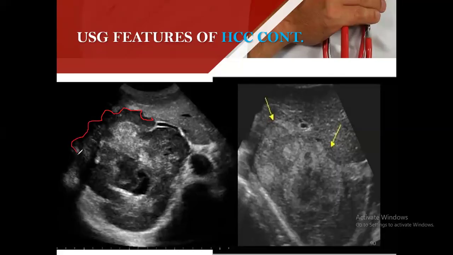And you can see there's hyper inside, anechoic here, hypoechoic, hyper, like that, mixed. Over here, you see a nodule here, nodule here, hyper nodule here, one huge nodule here. Once you see this, it is likely to be HCC.